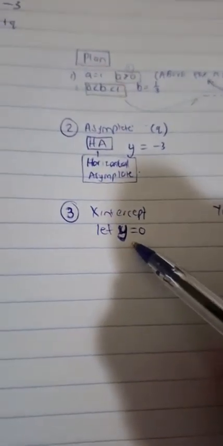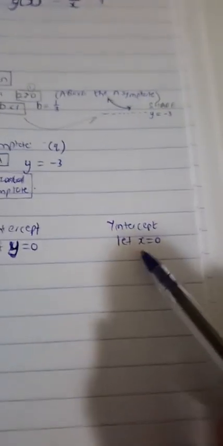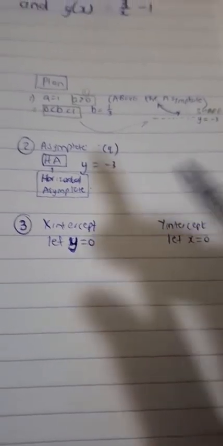The x-intercept is where the function cuts the x-axis. That's where we let y be equal to 0. The y-intercept, we let x be equal to 0. That's where the graph cuts the y-axis. So two important things here.